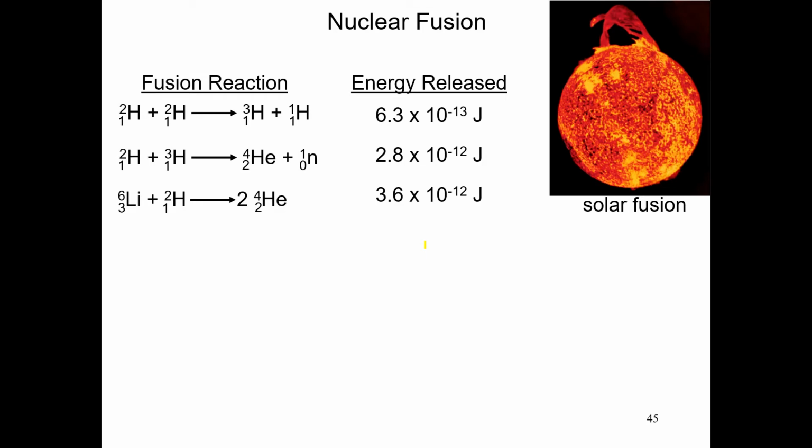Now, here's the thing, at least in theory, and at least when you look at these reactions on paper. Number one, hydrogen is a very abundant element in the universe. So we could say there's an abundant supply of, quote unquote, fuel. Secondly, notice that the products of these reactions are not themselves very high energy, unstable isotopes.